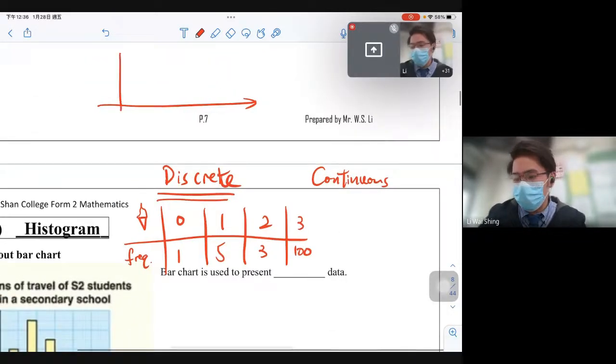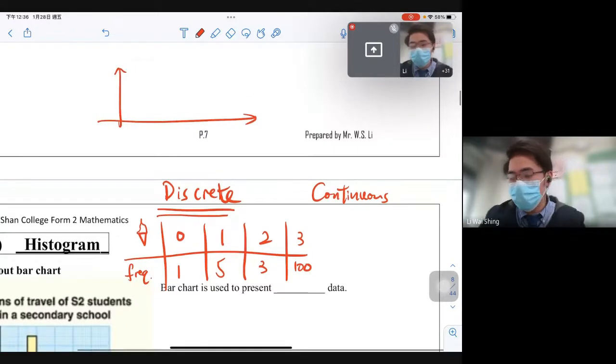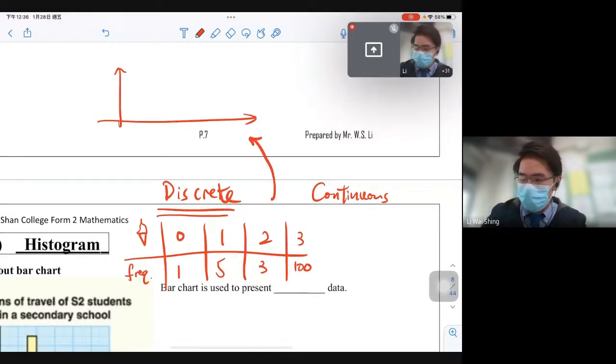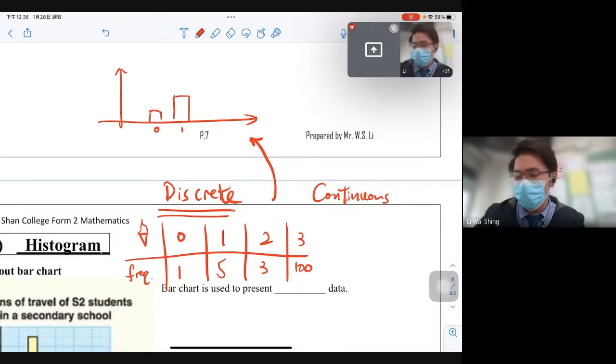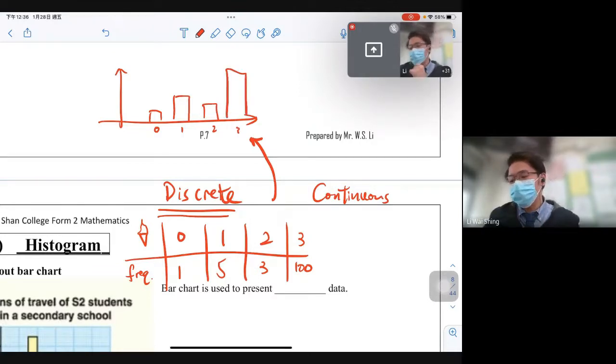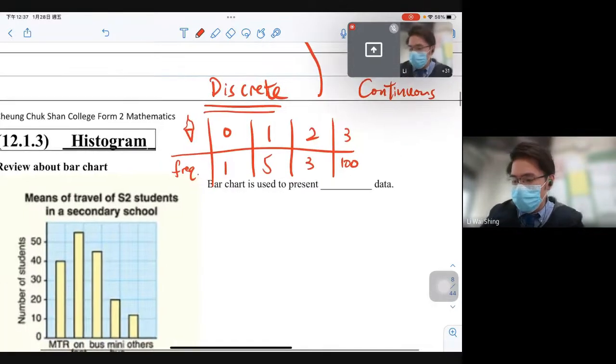What kind of figure can you draw to represent this data? You can draw a bar chart, right? 0 ice cream, 1 person. 1 ice cream, 5 people. 2 ice cream, 3 people. And 3 ice cream, 100 people. So for discrete data, you can use a bar chart to represent the trend.